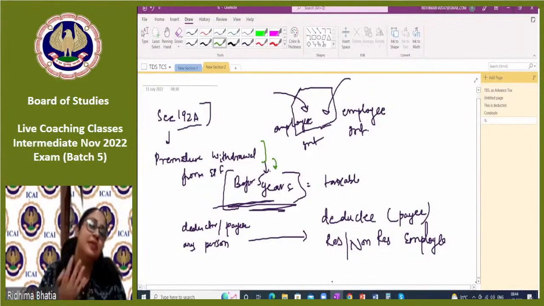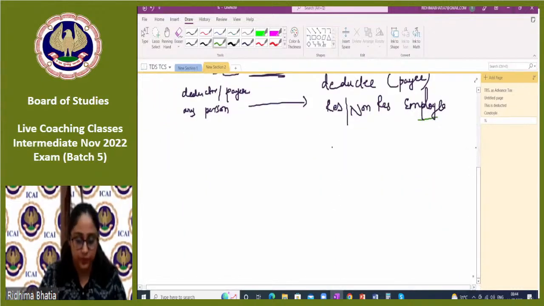The person who is making the payment from the fund, any person. To whom? The employee. The employee obviously would be withdrawing, whether resident or non-resident does not matter. The point is, what is the rate of TDS? The rate of TDS is 10% flat. What is the threshold?